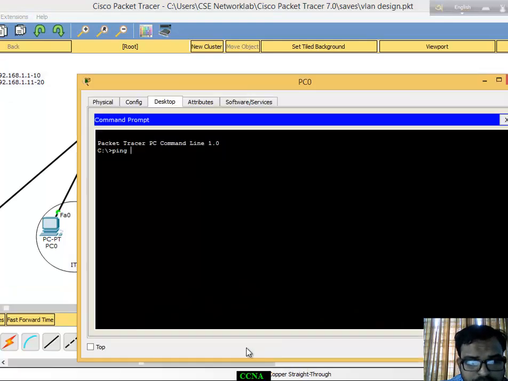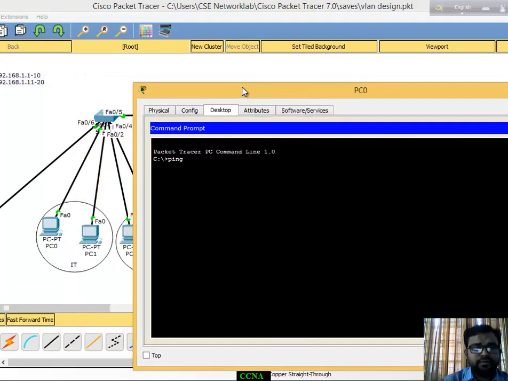So we can try to ping between the two departments. 192.168.1.1. The HR department begins at 11. So 11. Destination host unreachable.